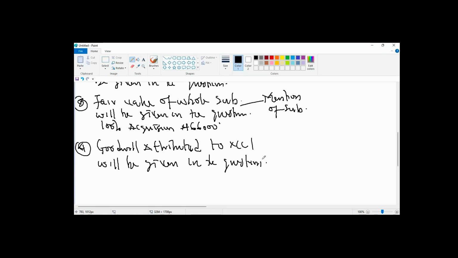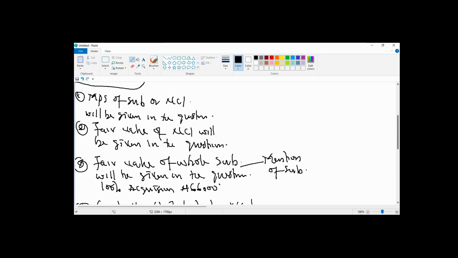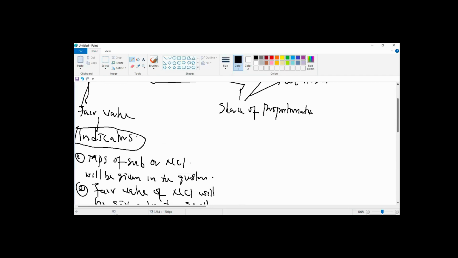Now, these are the indicators of fair value. For sure, proportion is just only two ways. One, when the question is silent, they will not give you anything relating to fair value at all. We will not proportion it.